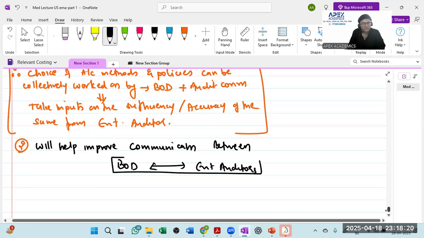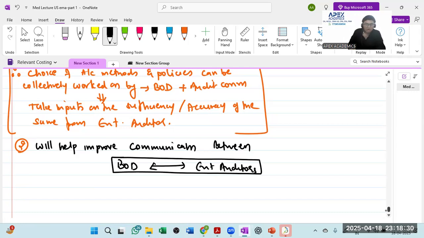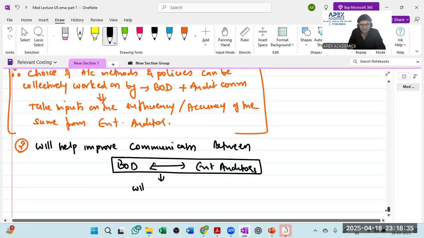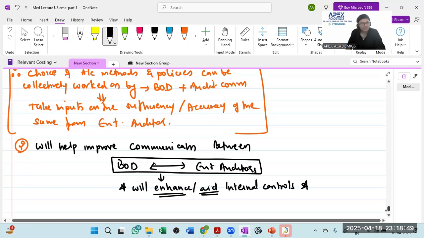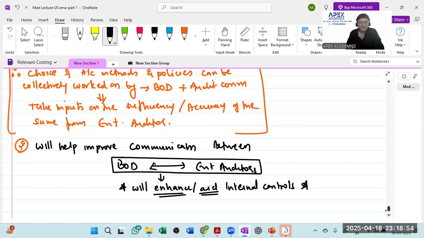They will help improve the communication between whom? The board of directors and the external auditors. What will happen on account of this? This will enhance or aid internal controls. This happens to be an important aspect.